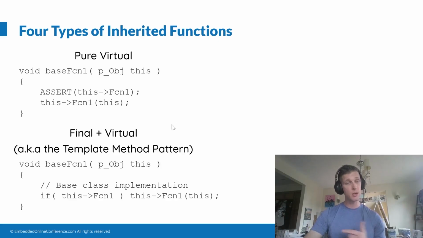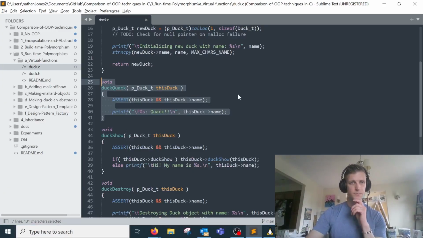A little later, we'll see in C that you can mix the final and virtual a little bit, which you might also call the template method pattern, where there is a base class implementation which is called, and also if a virtual function exists, then that is also called. So you might see some of these here in our code.